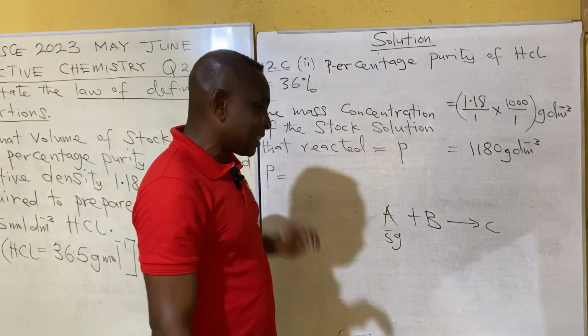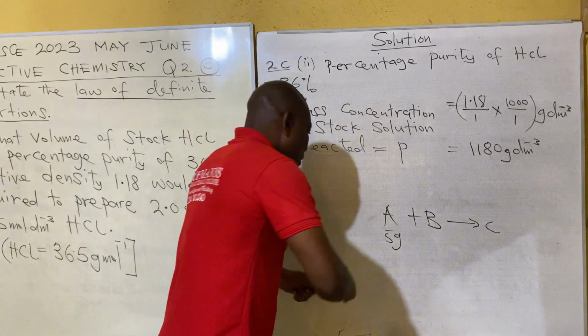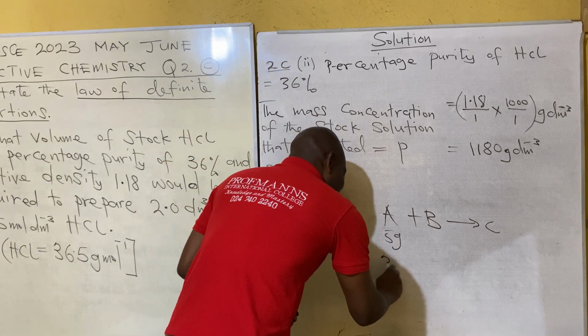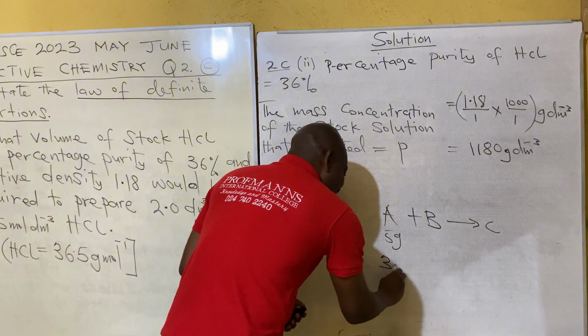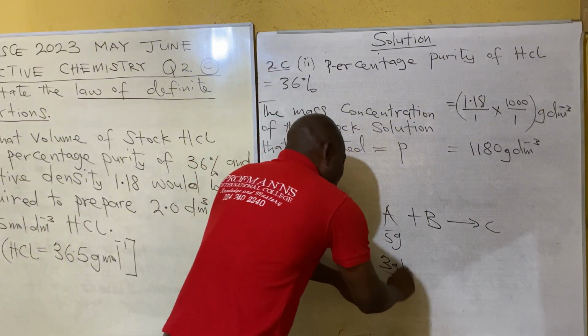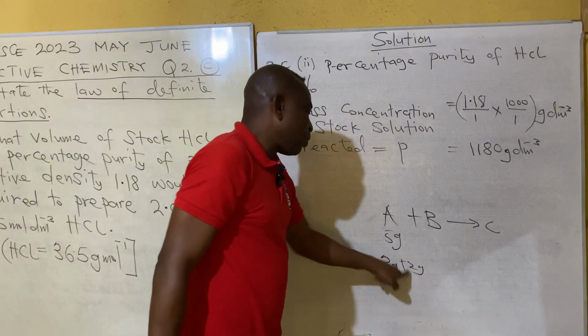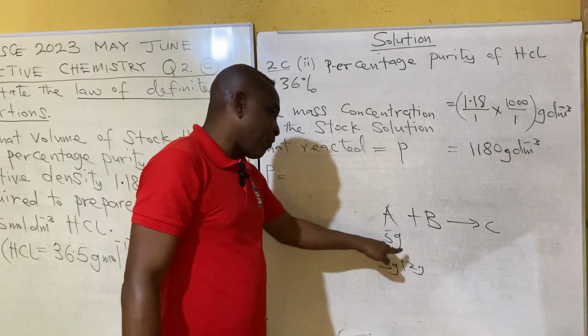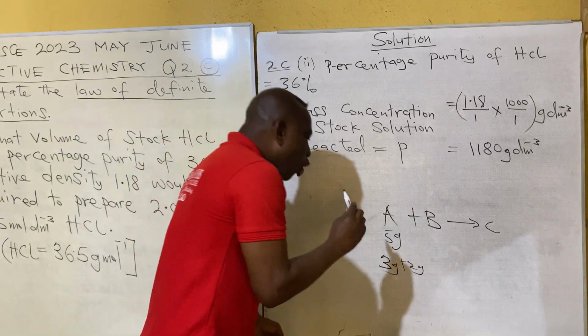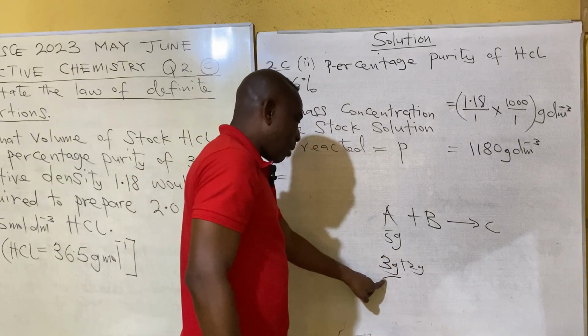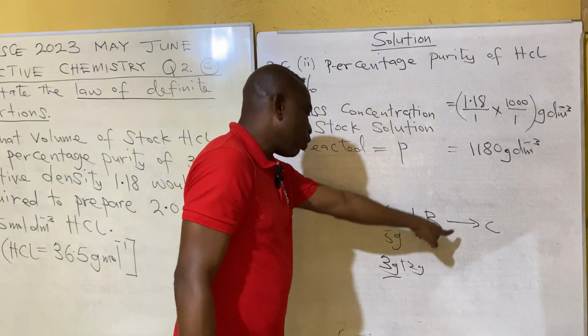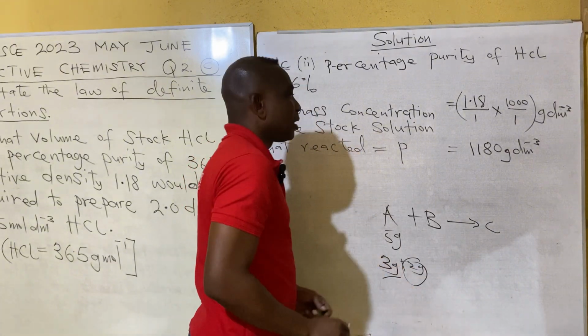Impure substances don't react. So for instance, if we have this 5 grams and then 3 grams is pure plus 2 grams which is impure, making a total mass of 5 grams, it is only the 3 grams that will react with B to produce C, leaving what? This, which is what? Impure.